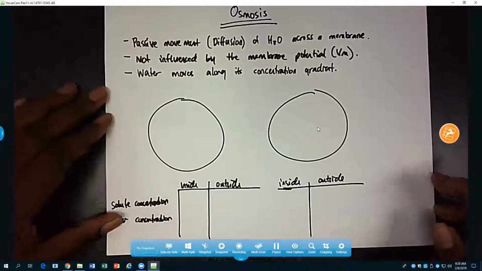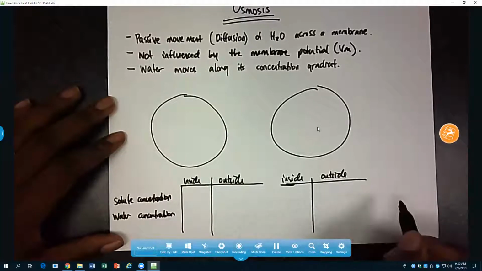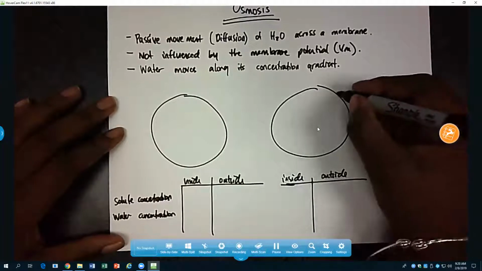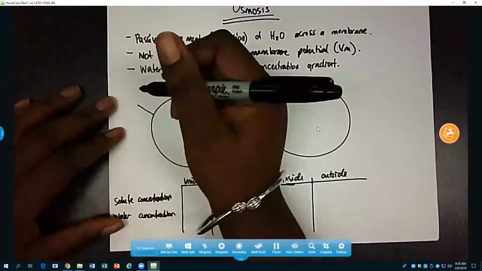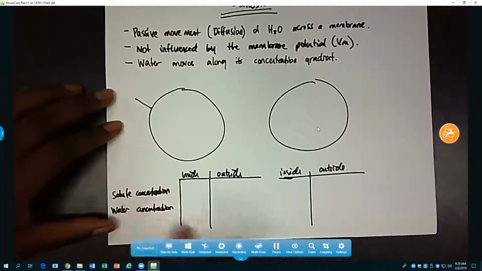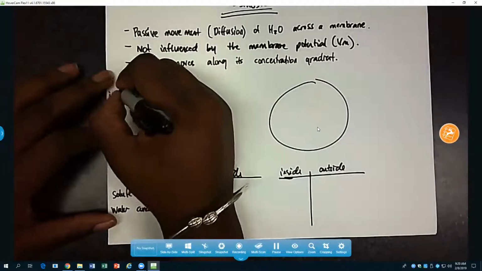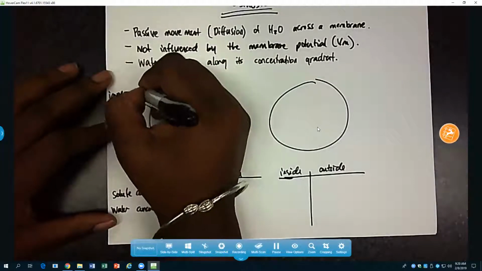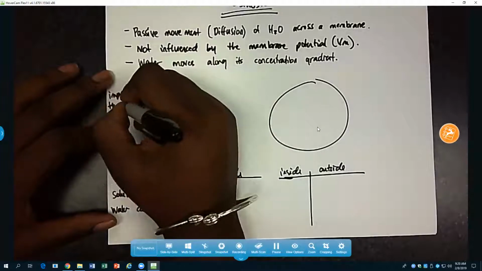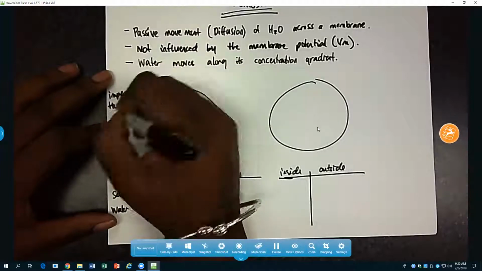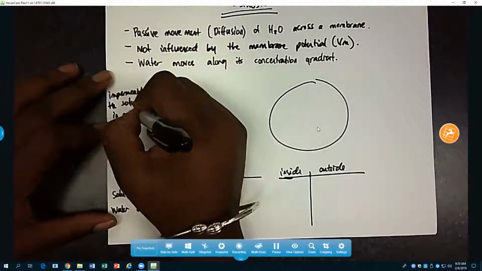So first of all, we want to understand that this membrane is impermeable to the solute in question. So I'll just make a note here.